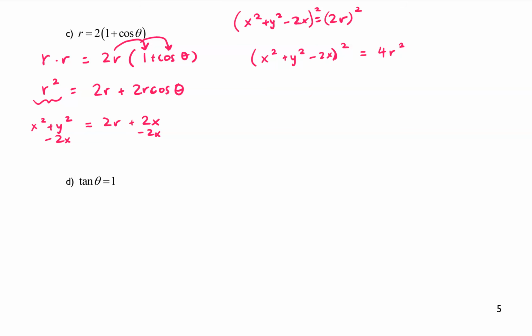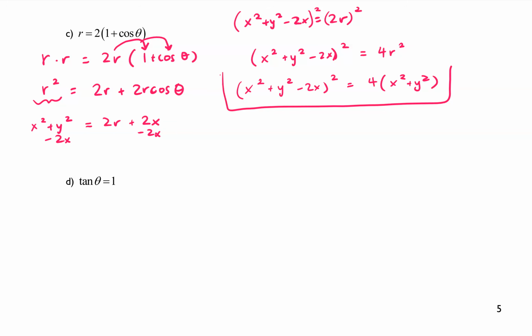And now we can substitute that. So I have x squared plus y squared minus 2x quantity squared is equal to 4 times x squared plus y squared, like that. And in this equation, it's going to be very difficult to solve that explicitly for y. So I'm just going to leave my equation like that and let that be our final answer.